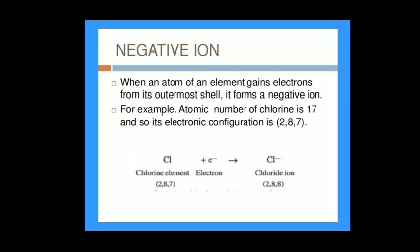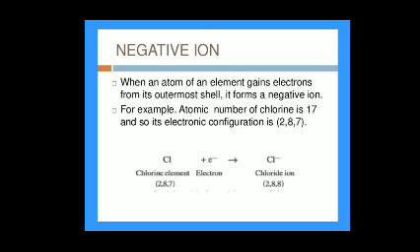Here we see the reaction: chlorine, 2, 8, 7, gains one electron from sodium to get a stable valency shell configuration, Cl minus, the chloride ion.